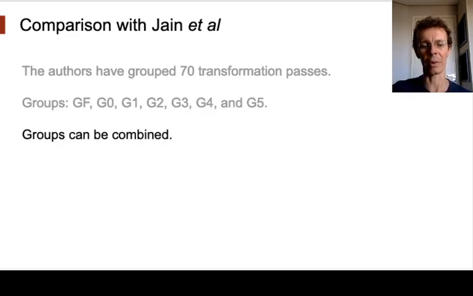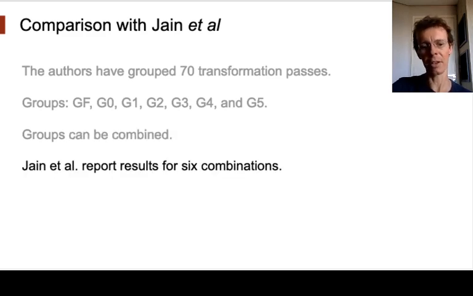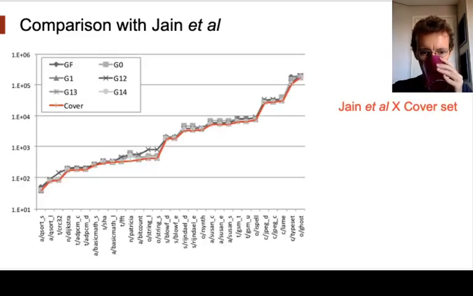The 7 categories of optimization proposed by Jain et al. can be combined. Not every combination is admissible in the original paper. For instance, GF, which is one of their categories, must precede any sequence. Anyway, Jain et al. report results for 6 combinations, which we utilize to compare to our covering set.